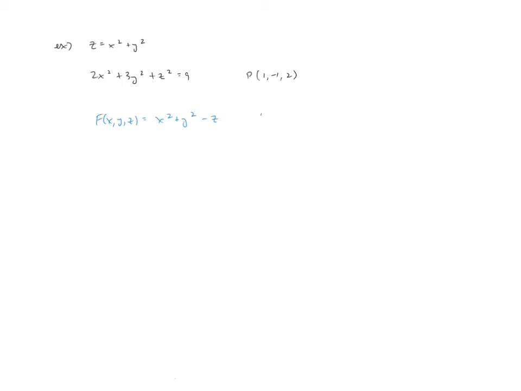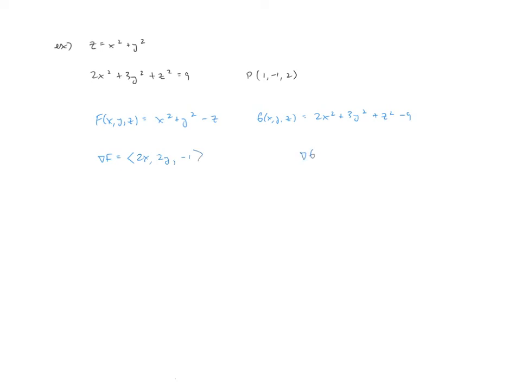And then our g of x, y, z would be 2x squared plus 3y squared plus z squared minus 9. Now, the gradient of f will be the partial of f with respect to x, with respect to y, and with respect to z of this guy. And then same thing here for the gradient of g. So for the gradient of f, we'll have a 2x, a 2y, and a minus 1.